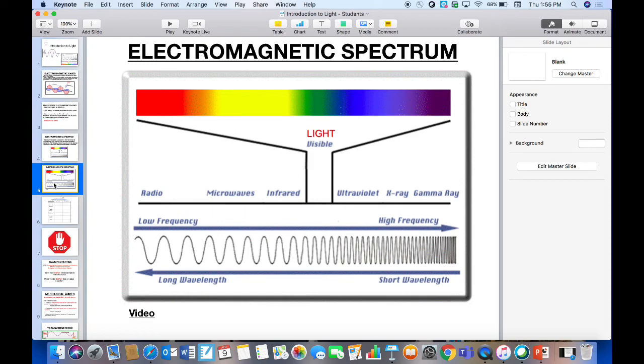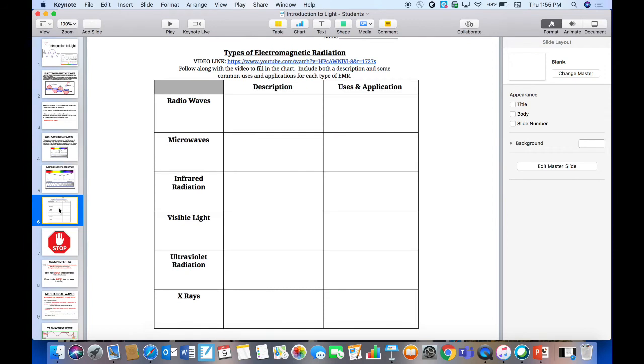So what I would like you to do is when you see the stop sign, you're going to head over to Canvas. If you go to our modules for physical science, and you go to our unexpected school closure online learning, you're going to see that I now have published assignments for April 13th through the 17th.